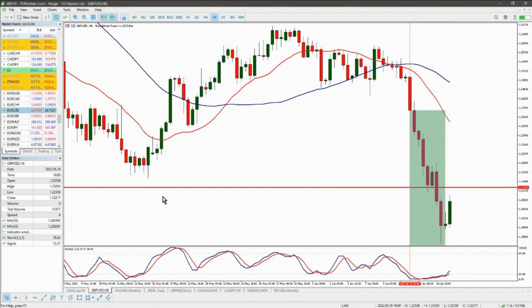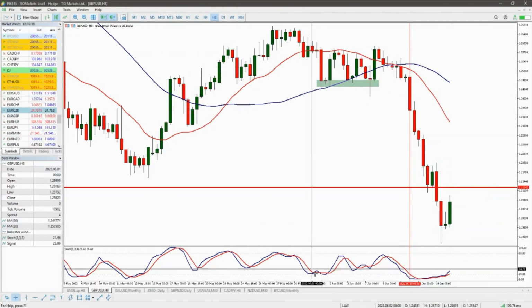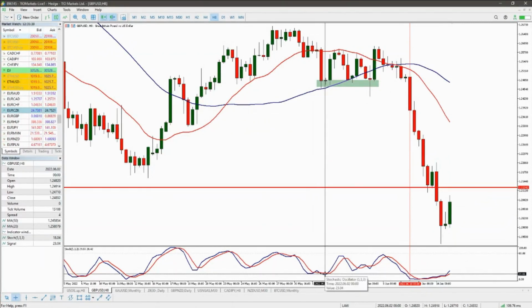You can go and see this happening all the time. Oversold and overbought only works in a range. This is something you need to remember. When the market is ranging, like here, and it moves to an oversold area here, it means it's close to a support, and then it rallies.